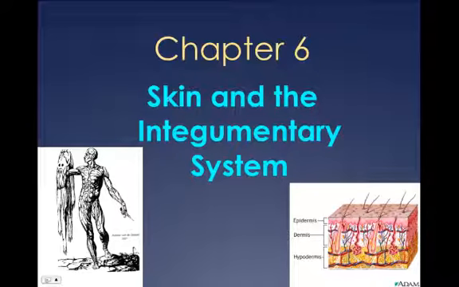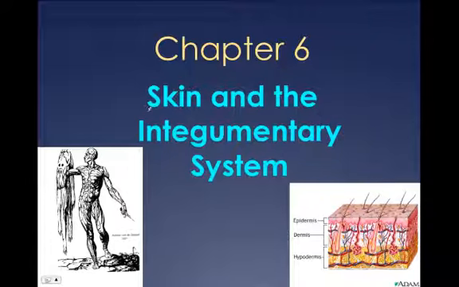As you can see, in this chapter we've kind of jumped. We've gone from talking about basically the chemical level of organization, so we talked about atoms and molecules, and then we moved into the cell chapter, and we talked about things at the organelle level of organization and then the cellular level of organization.